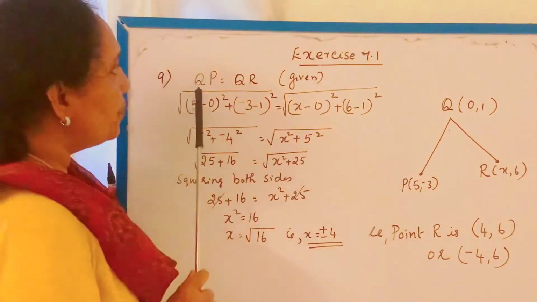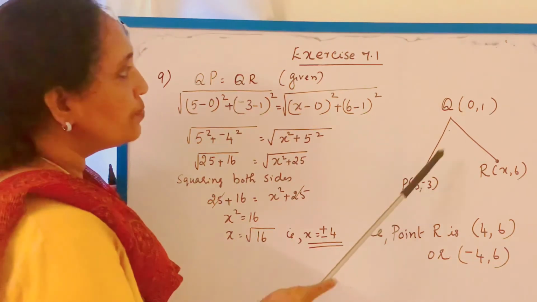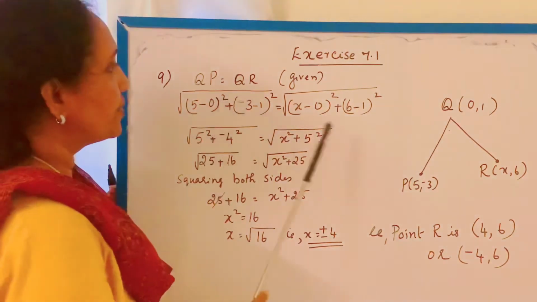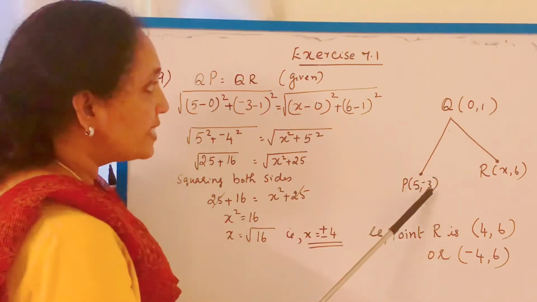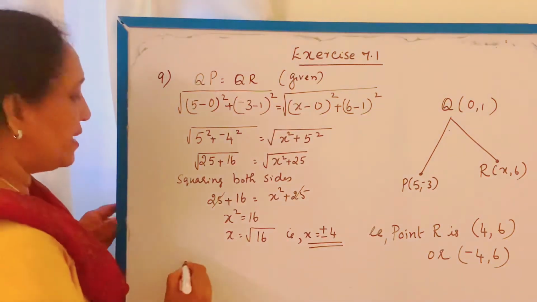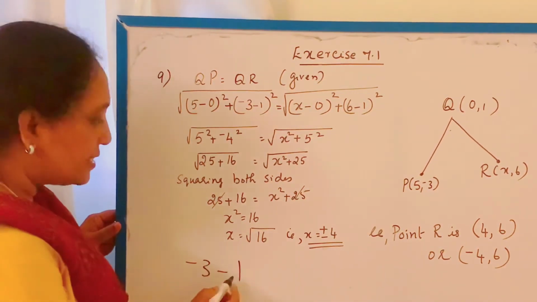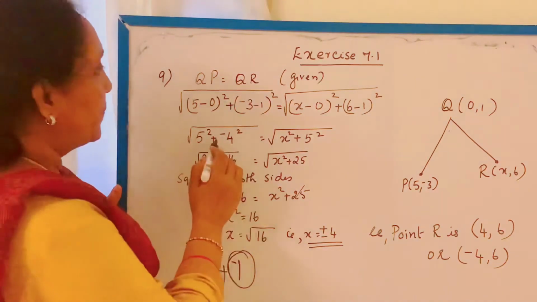Now look here, QP and QR are equal, that is given to us. QP is root of x2 minus x1, 5 minus 0, the whole square plus y2 minus y1, that means minus 3 minus 1 the whole square. What is minus 3 minus 1? Minus 3 minus 1 is, change the sign of this number and add, that means minus 4.